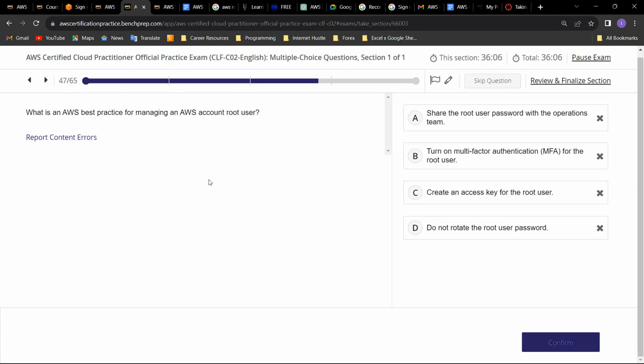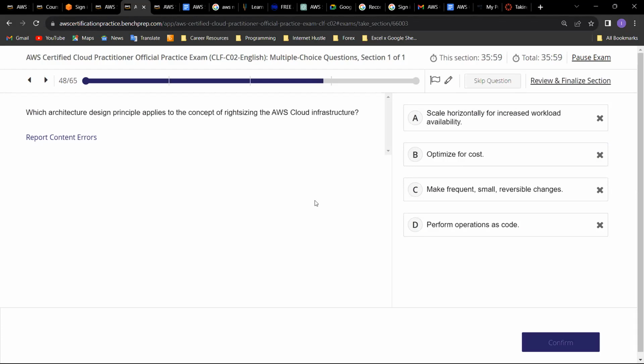Right, this one, the MFA. Akim chose C, so let me put it down. It doesn't make any difference. The majority has been B, so I'm sure that's what he meant. He's going to choose B, and it was a typo.